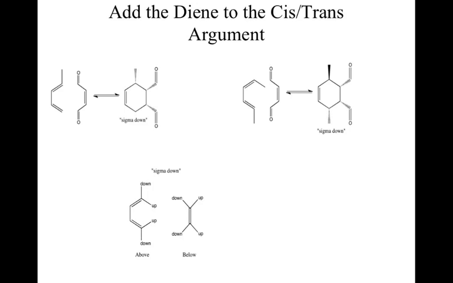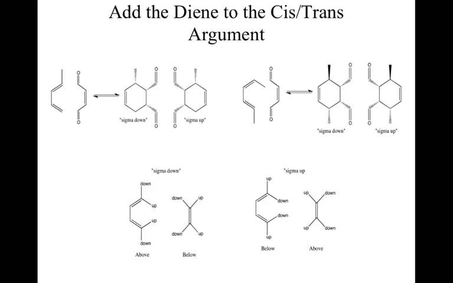So you can either be comfortable with the three-dimensional shapes and how these things are interacting, or you memorize this little sigma down thing that I've got at the bottom. The problem with the memorization is you also have the sigma up product, and you'll notice things shift slightly around on you. So you've got to be a little bit careful with that. The products that I drew for the sigma up, I tried to draw in such a way that you could see that they were enantiomers to make that visualization easier to see.